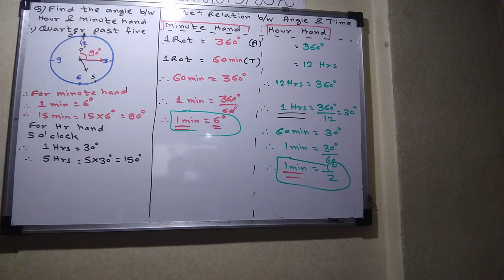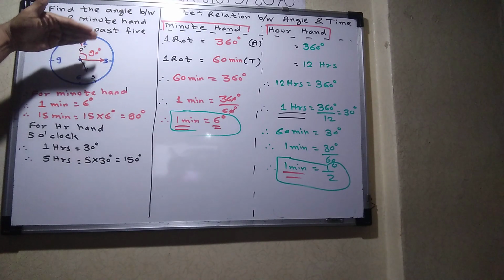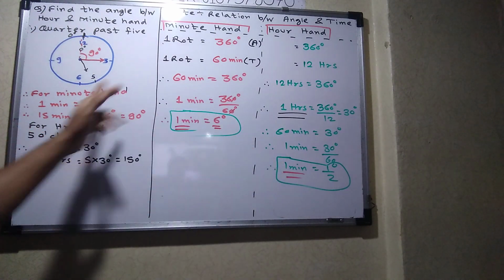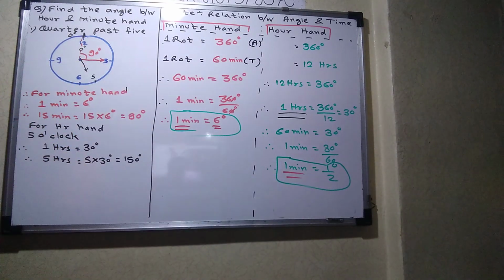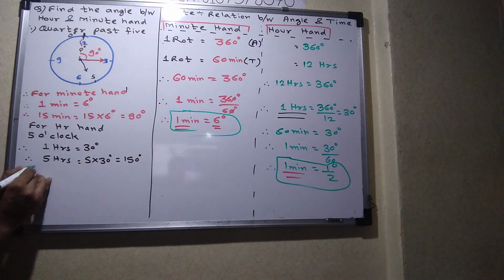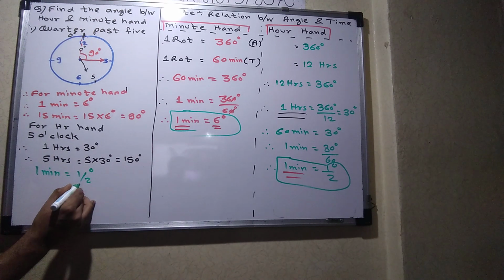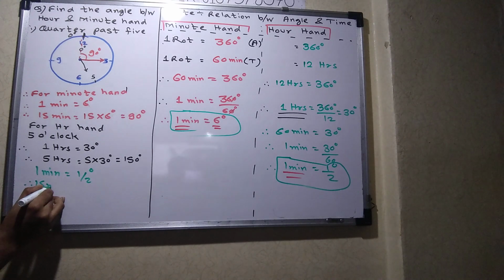But it is not exactly at 5 o'clock. So for the hour hand, how many minutes are completed? 15 minutes. For the hour hand, 1 minute equals half a degree.